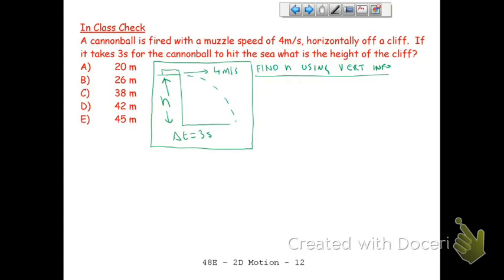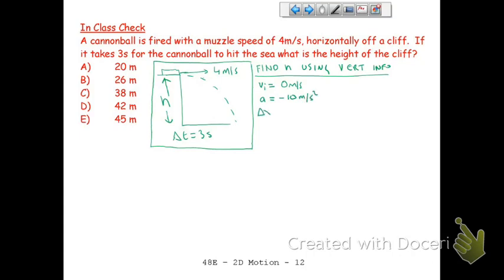Make my list. Vi is equal to, what is my vertical initial velocity? It's going to be 0 meters per second, isn't it? My a is, again, a little bit carefully, minus 10 meters per second squared.